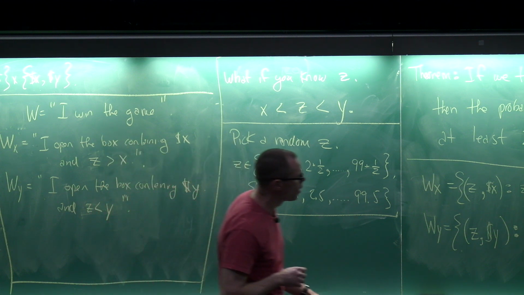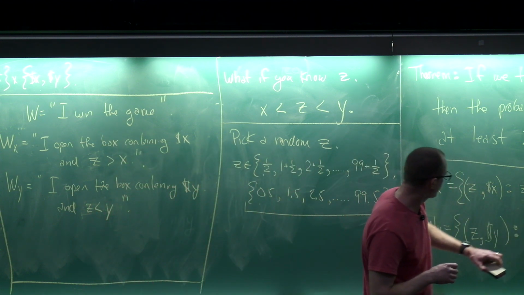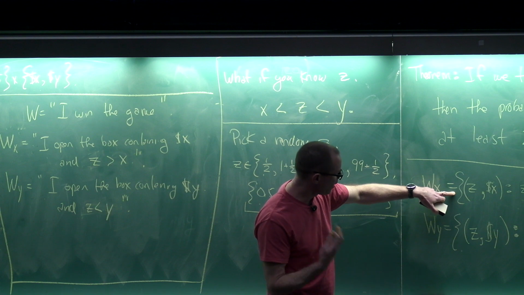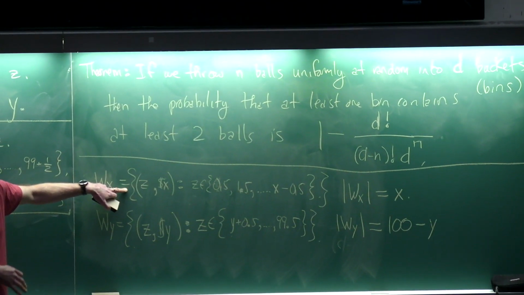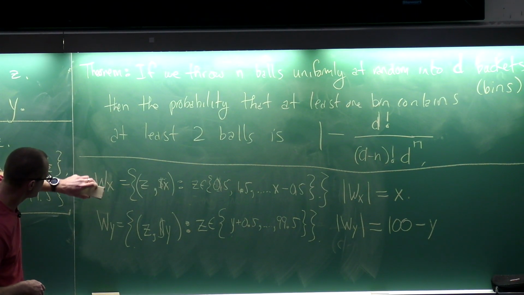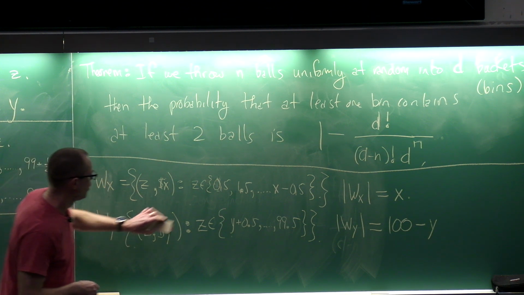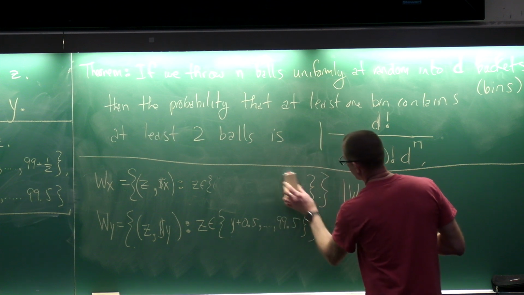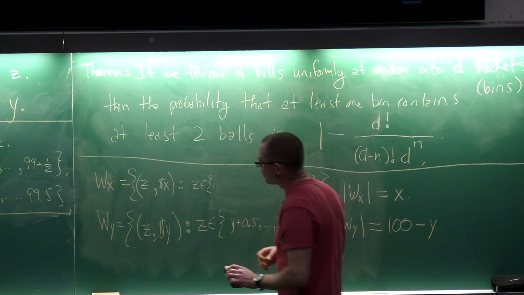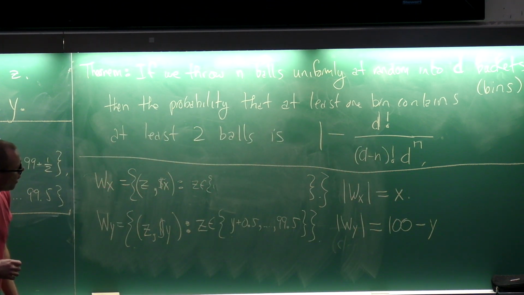No, I did this exactly the wrong way. Sorry, guys. I win here if I pick x and I change values. Sorry. Let's change this completely around. Okay. Please stop me when I say things that don't make sense.